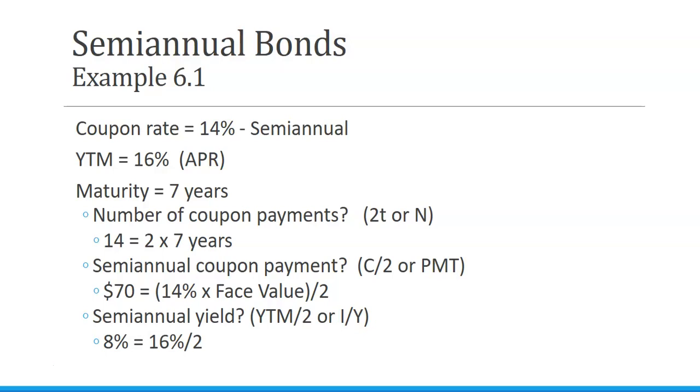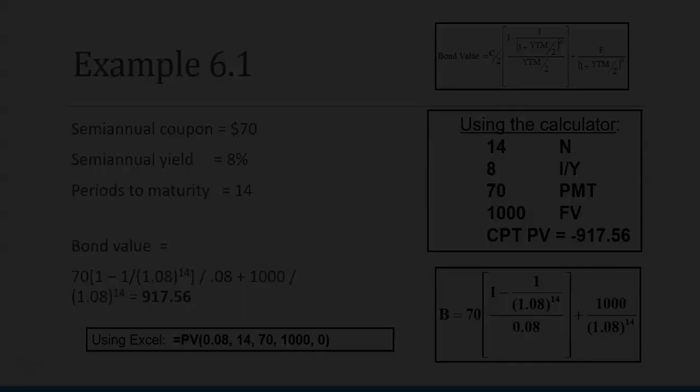Our semi-annual coupon payment is $70. So this is our annual interest rate divided by 2. And our semi-annual yield is the yield to maturity, or that APR, divided by the number of payments. So if the yield to maturity is 16%, then our semi-annual yield is 8%, or that divided by 2.